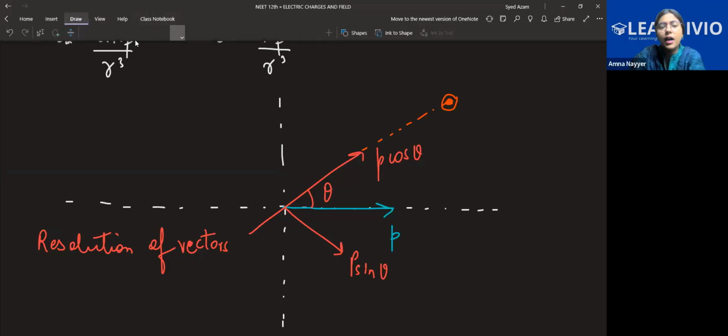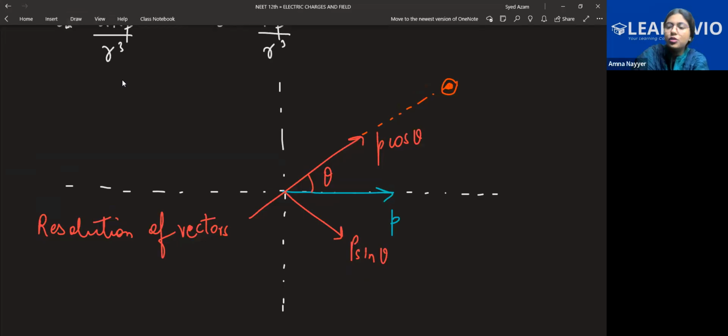Now see, once you have this component with you, let's say this here is your final electric field that you need to calculate. So you will resolve this also further. If this is E, this is P cos theta along this direction, here along the same side, you will get your E P cos theta.